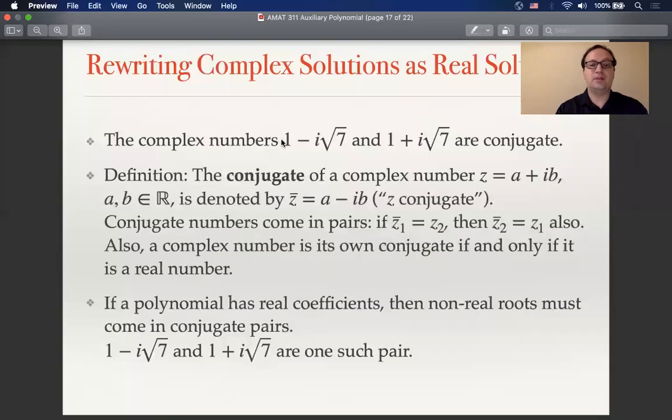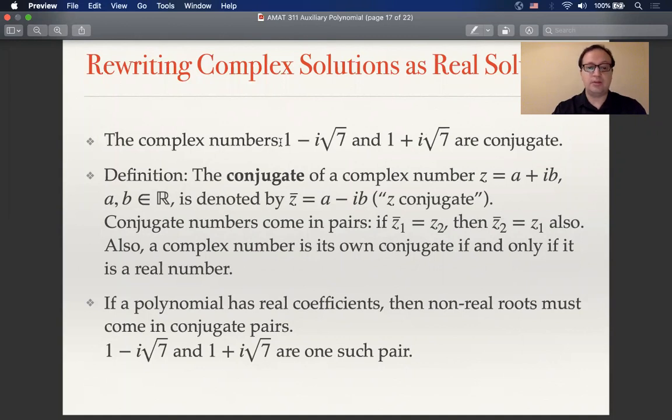However, instead of writing the solutions in terms of complex exponentials, many people prefer to get rid of the complex exponentials and write it in terms of exponentials, sines, and cosines. So we can always do something like this when the equation has real coefficients.